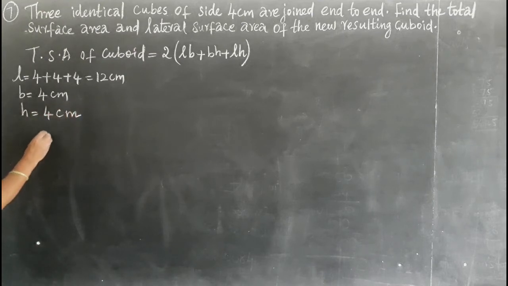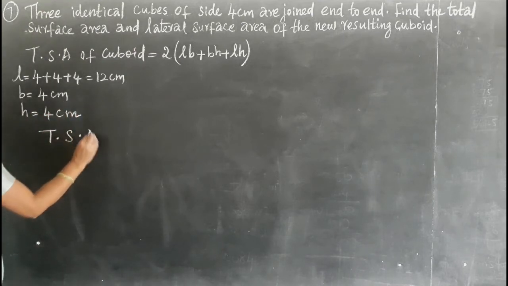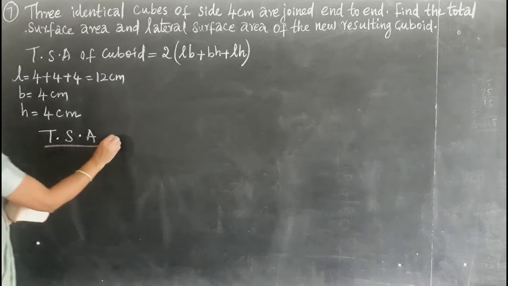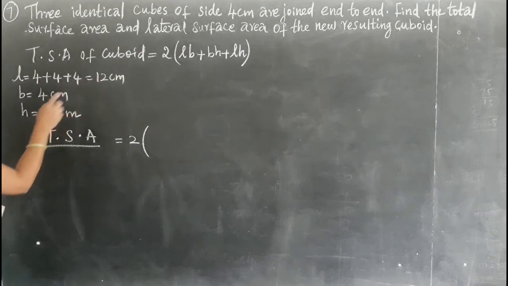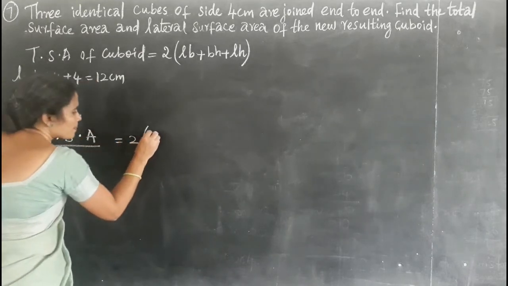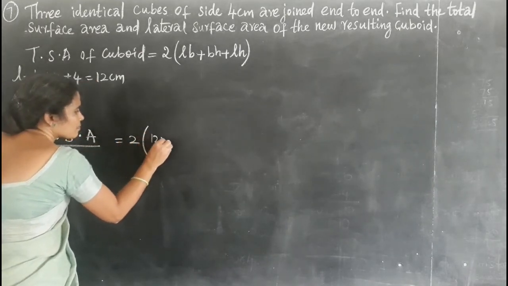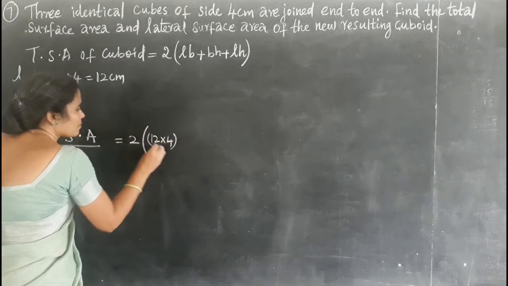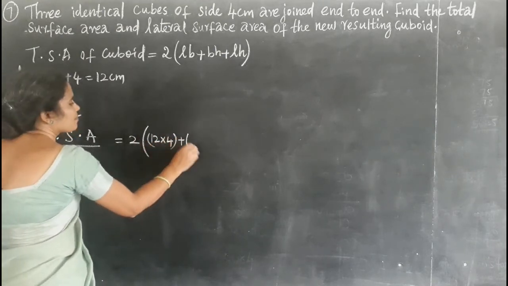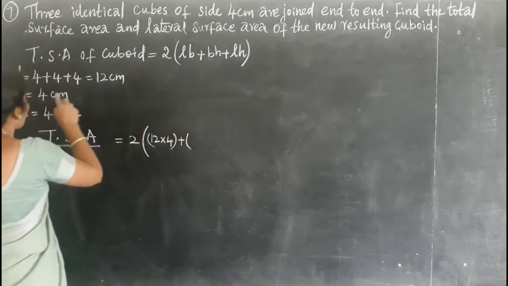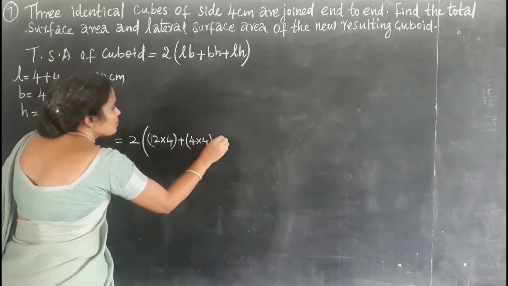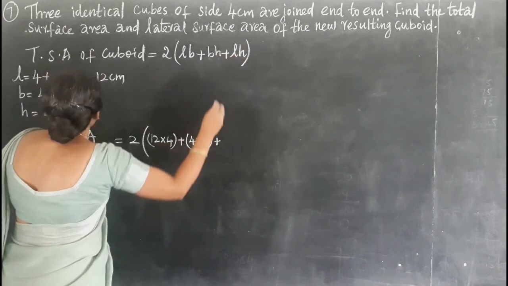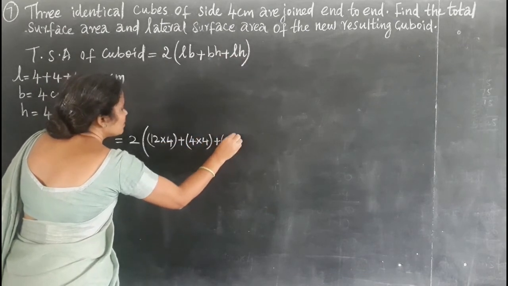Okay, now let us find TSA. TSA is equal to 2 within bracket length into breadth. So 12 into 4, plus breadth into height, so 4 into 4, plus length into height, so 12 into 4.